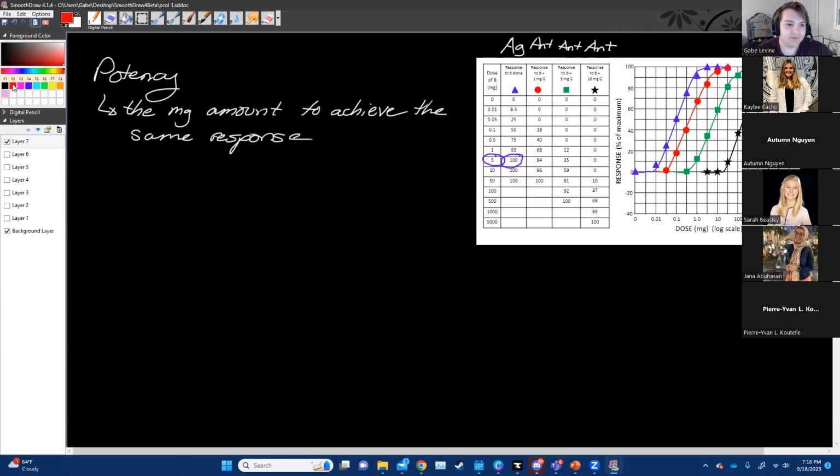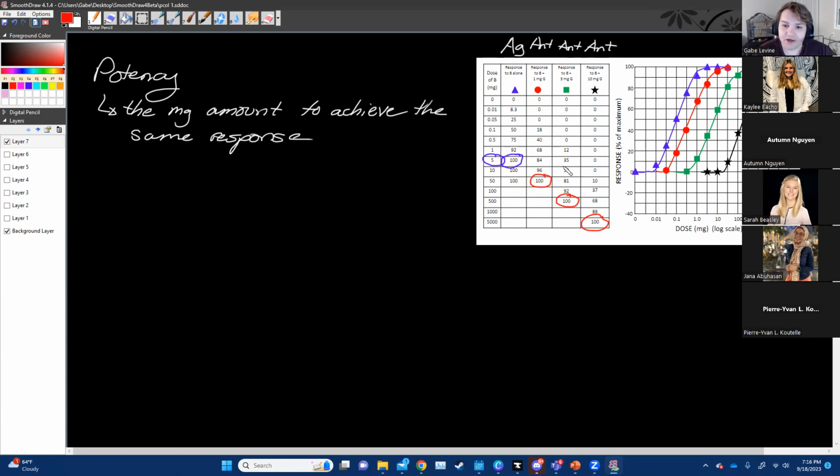What we see is that if you add 1 milligram of the antagonist, you now have to go up to 50 milligrams in order to get the response. 3 milligrams means you have to administer 500 milligrams. And then 10 milligrams of the antagonist means 5,000 milligrams of the agonist.